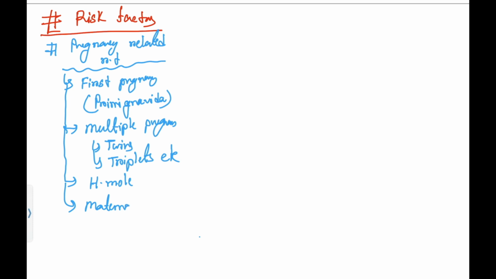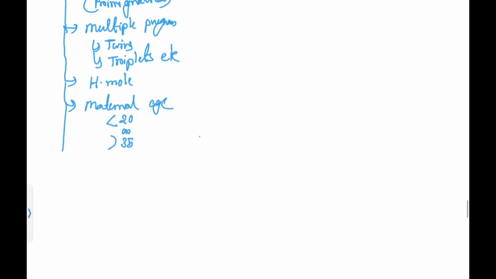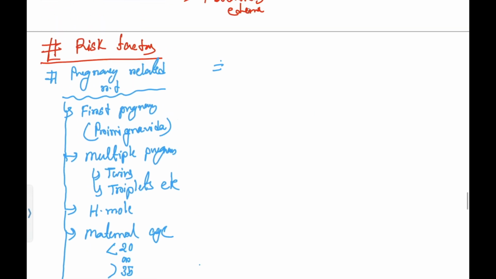Okay, if maternal age is below 20 or more than 35, all are risk factors of hypertension in pregnancy. Okay, then Rh incompatibility, that also we will discuss in detail. Okay, all are the pregnancy related risk factors.